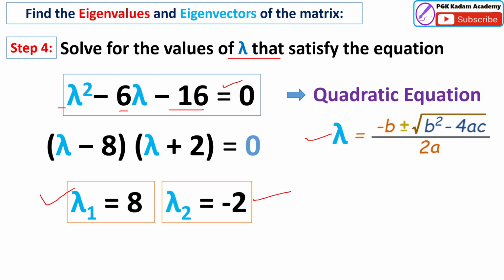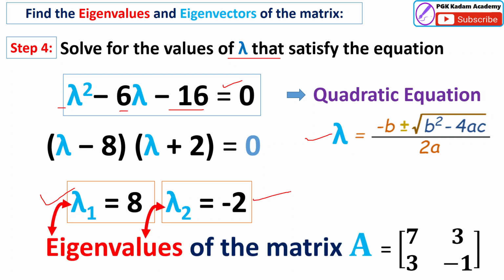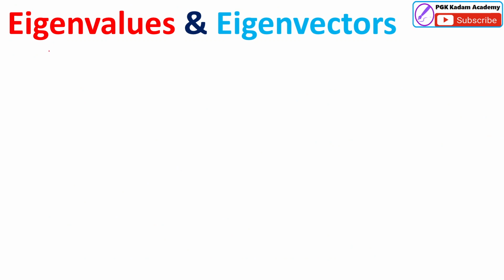These two values are nothing but the eigenvalues of the matrix A. Once we find the eigenvalues of matrix A, these two values are different, so one by one we have to find the eigenvectors, starting with 8 since it is the larger value.